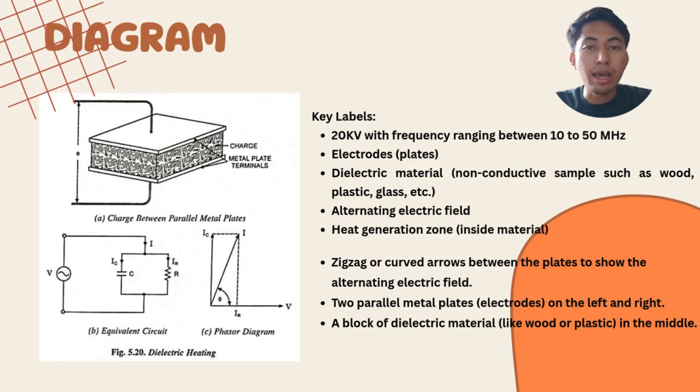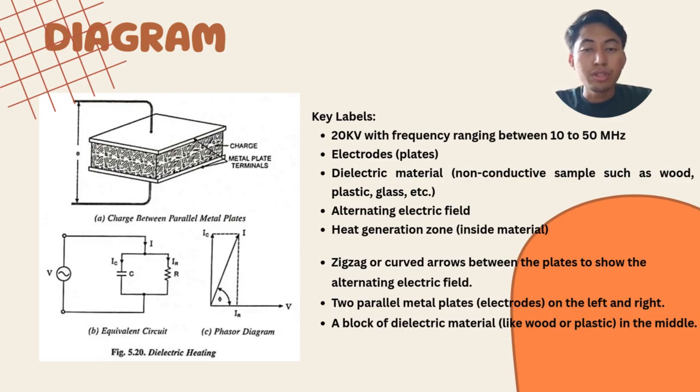When the high frequency alternating current passes through the electrodes, it creates a rapidly changing electric field. The polar molecules inside the dielectric material try to align with this changing field. As the field oscillates, these molecules continuously rotate back and forth.